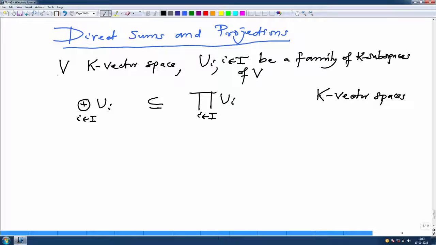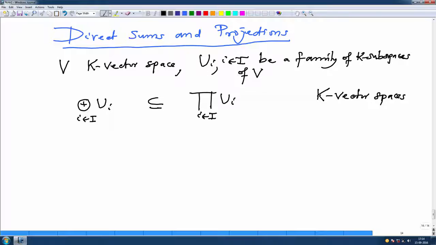This is what I want to do more precisely. For example, we did already some similar thing in the example when I proved the dimension formula, but I did it only for two subspaces. Now I want to carry on that study more precisely for an arbitrary number of subspaces of V.